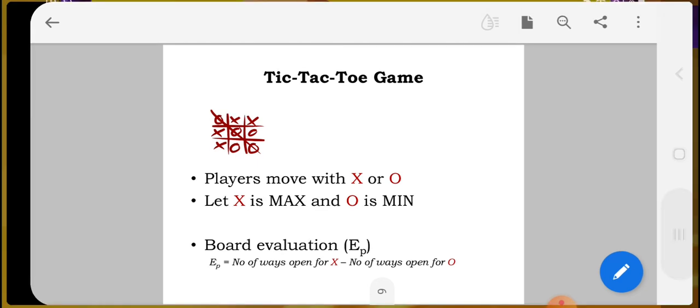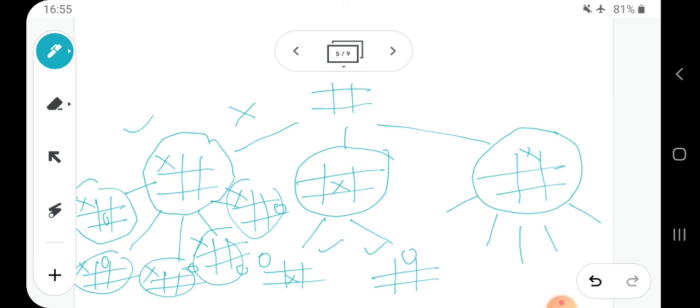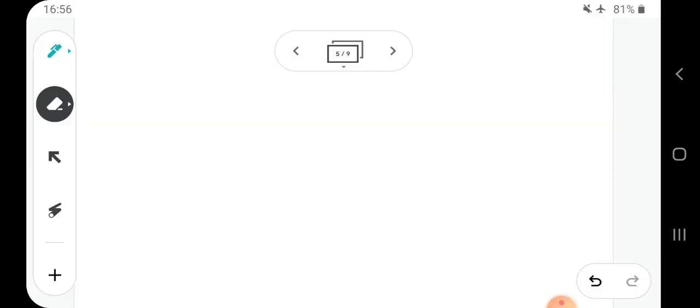So always we will see that X tries to keep the maximum possible options open to win, whereas circle will try to minimize the possible options for winning.